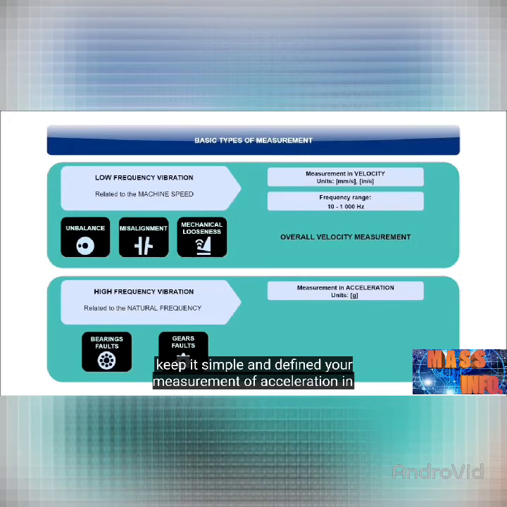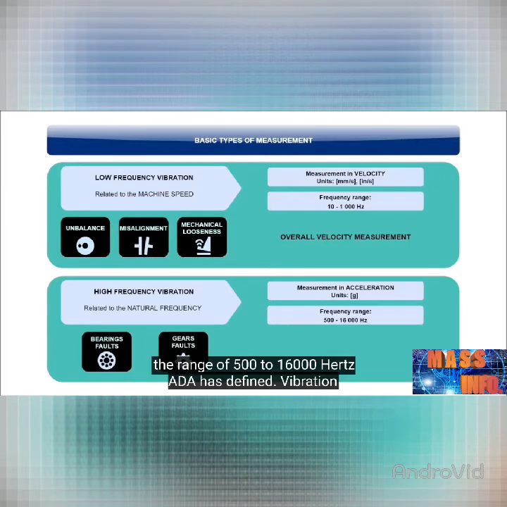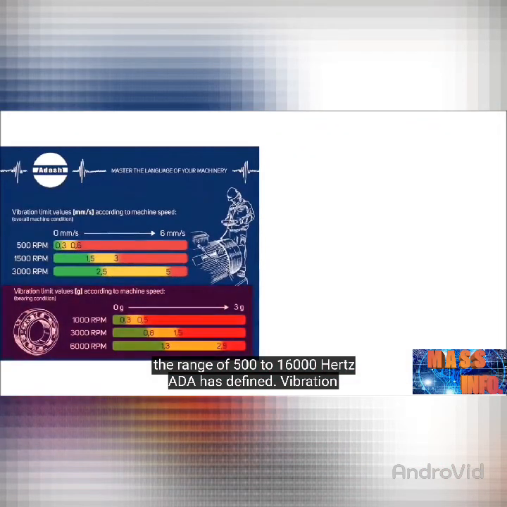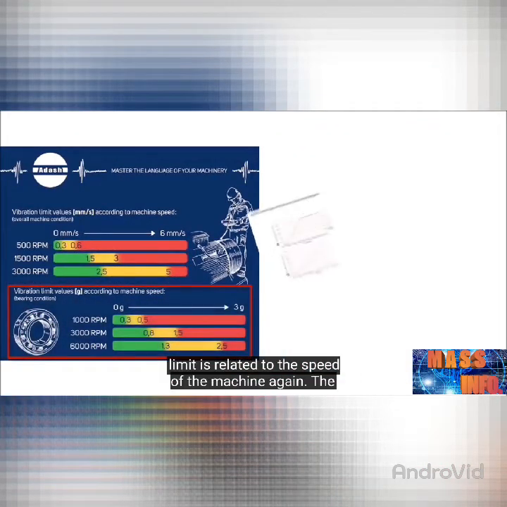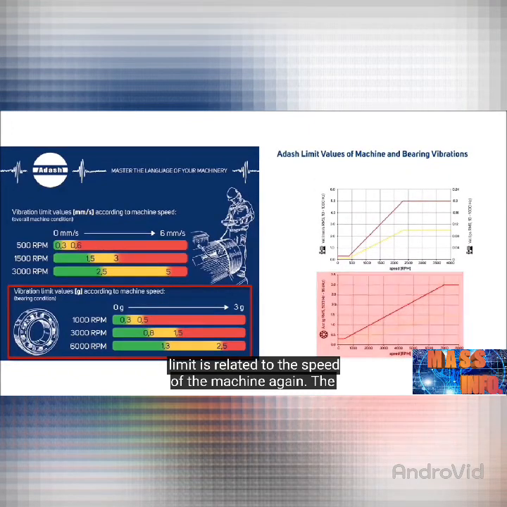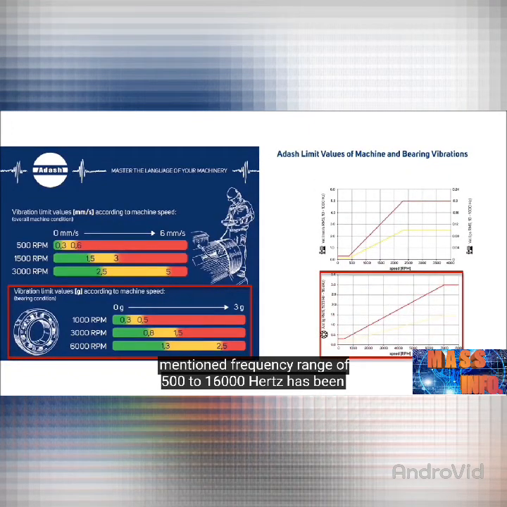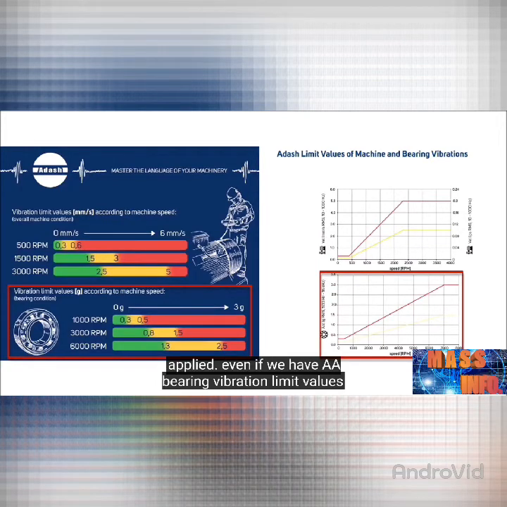But let's keep it simple and define your measurement of acceleration in the range of 500 to 16,000 Hertz. ADASH has defined bearing vibration limits related to the speed of the machine again. The mentioned frequency range of 500 to 16,000 Hertz has been applied.